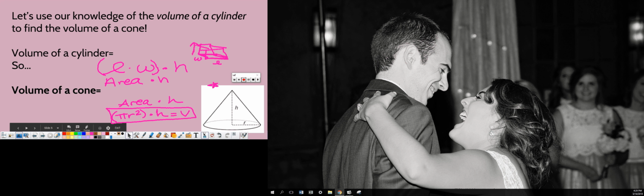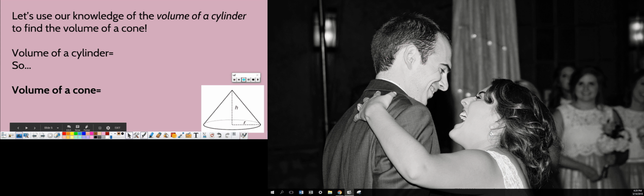Now we're going to move on to a cone, using our knowledge of a cylinder. So we already said that the volume of a cylinder is pi r squared h. Now, I'm going to fill a cylinder with water, and how much of the cone do you think it's going to fill?